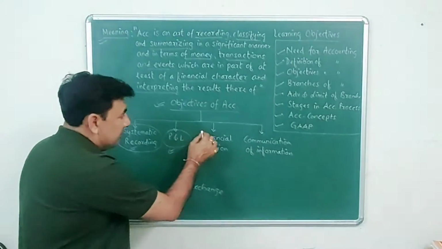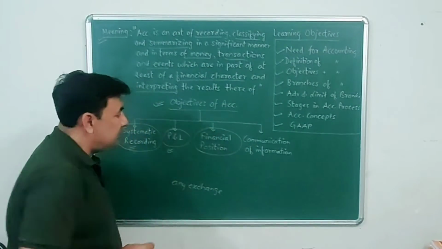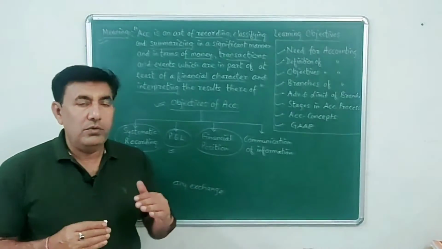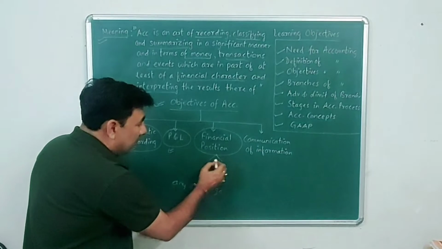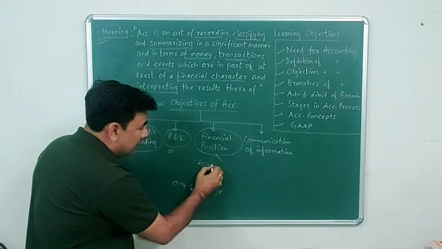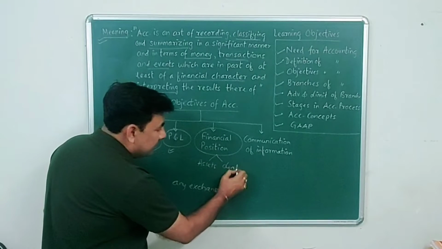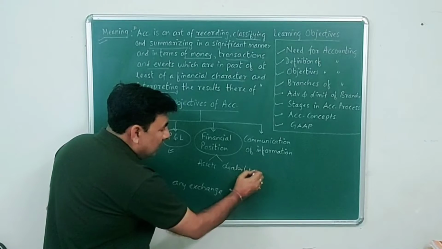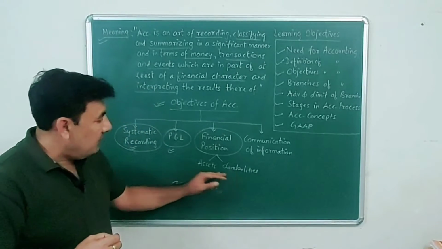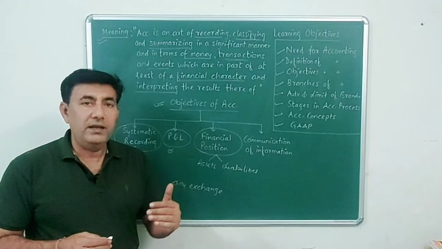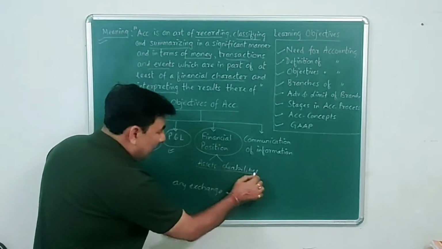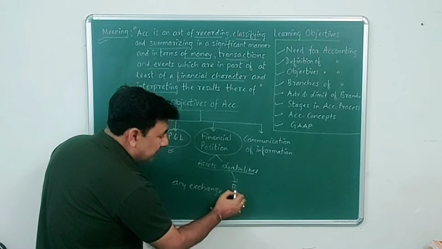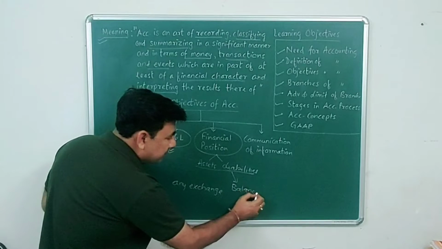Then financial position. When we think about financial position, always think about assets and liabilities. With the help of assets and liabilities, we can get the financial position of the company, and these are prepared in a separate statement called the balance sheet.